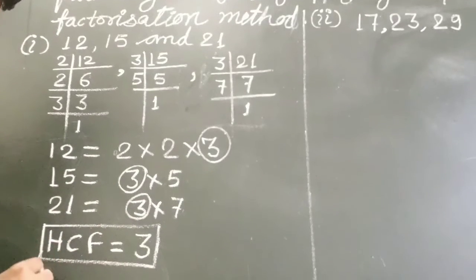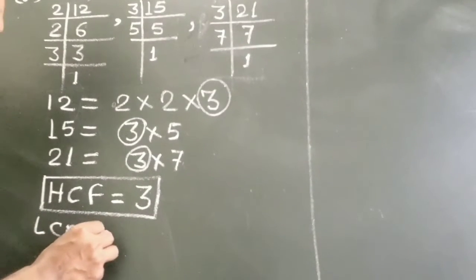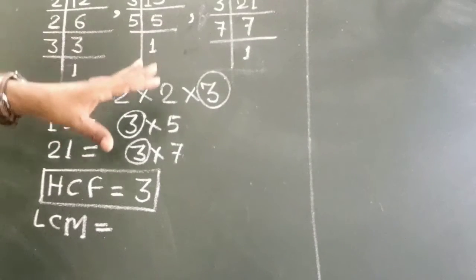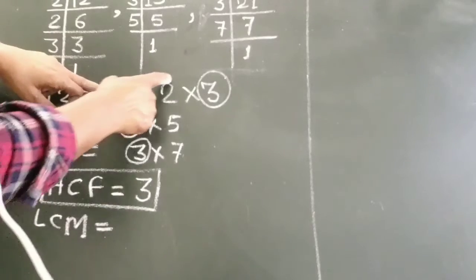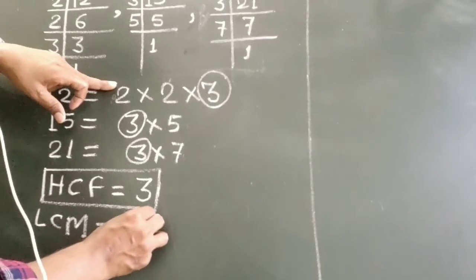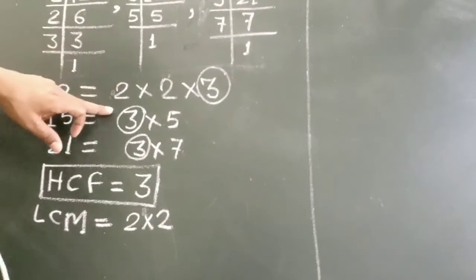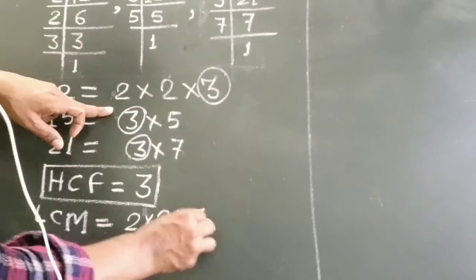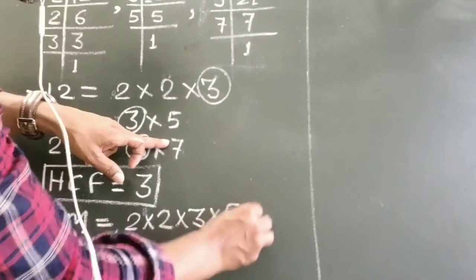Now we have to find the LCM. लीस्ट कॉमन मल्टीपल, जितने भी डिजिट हैं सबको लेके मल्टीप्लाई कर देंगे, LCM आ जाएगा. 2 maximum 2 times, 2 to the power 2, or we can say 2 into 2. 3 one time, into 3. 5 one time, into 5. 7 also one time.